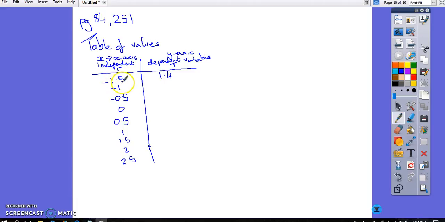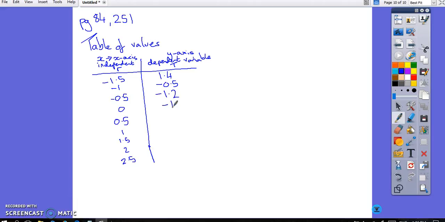for negative 1.5. Then negative 1, the graph has dropped steeply between those 2 points, so that gives us a value of negative 0.5. At negative 0.5, we probably have about negative 1.25, or no, 1.2, sorry. At 0, the graph crosses the axis at negative 1.